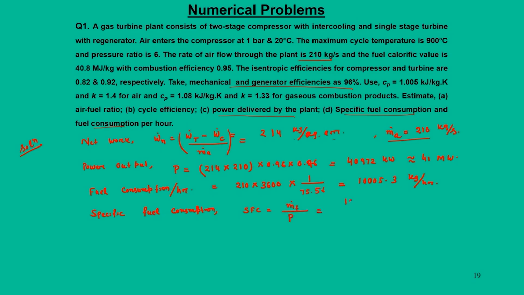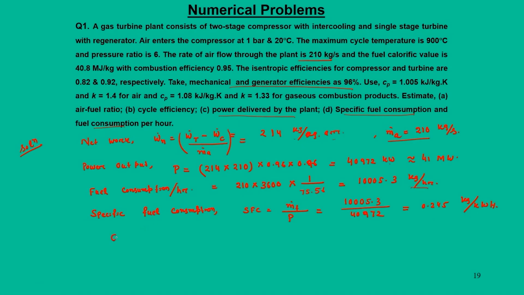So, that number is 10005.3 kg per hour divided by the power produced, 40972. So, this is 0.245 kg per kilowatt hour, because this is kg per hour and the power is in kilowatt. So, kg per kilowatt hour.